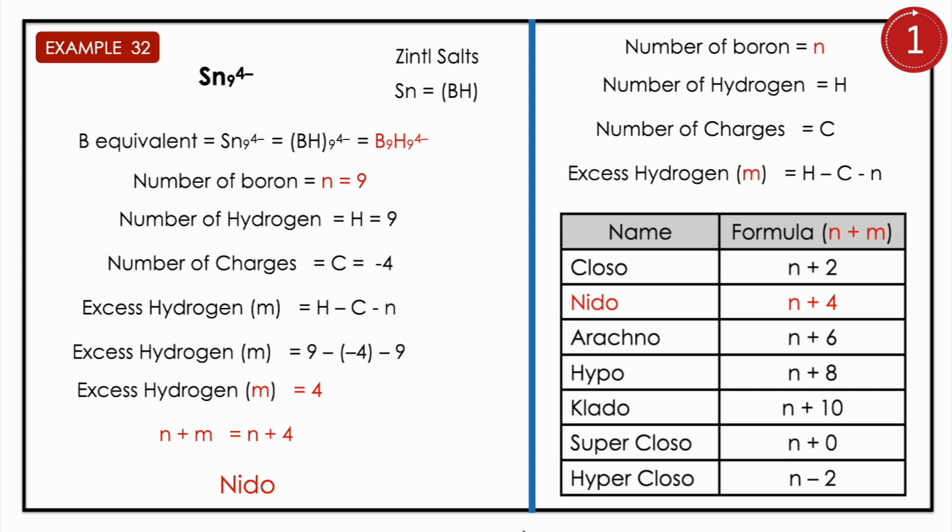If you substitute the values, 9 minus minus 4 minus 9, M equals 4. M equals 4 means it is an N plus 4 system. If you look at the table, N plus 4 means Nido structure. So according to Wade's rule, the Zintl salt Sn9 4 minus has Nido structure.